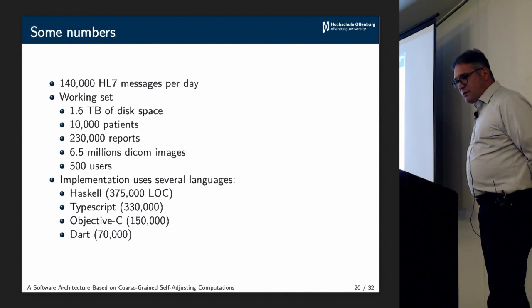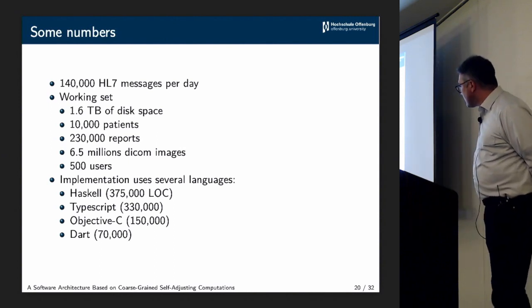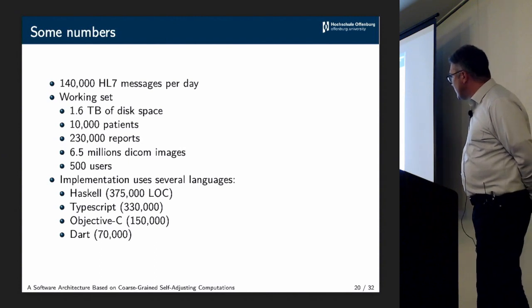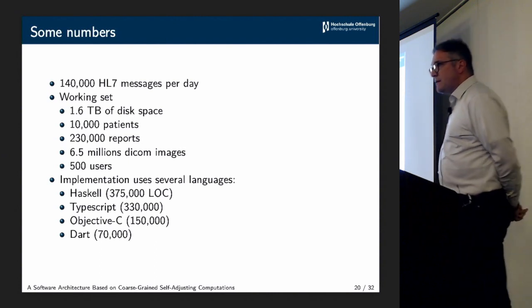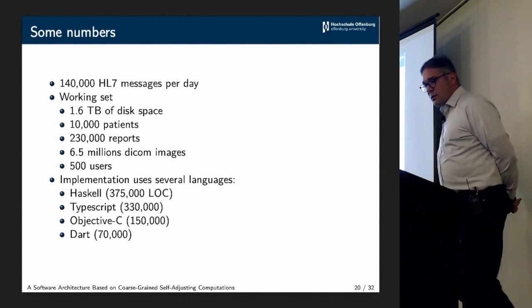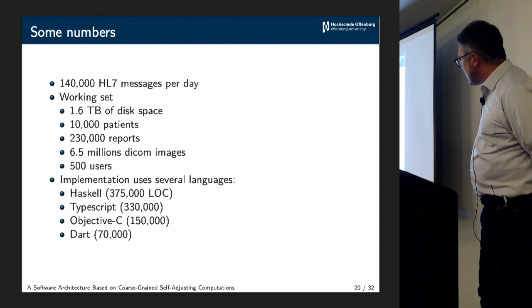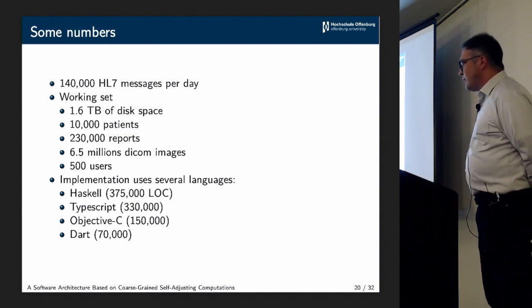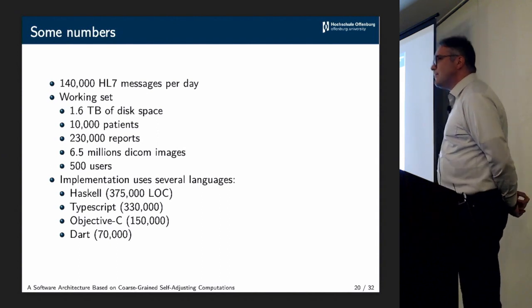Probably also interesting is that the implementation uses several languages. Clearly the backend is mainly Haskell, but we are also using quite a lot of TypeScript code for client-side scripting. Then there's Objective-C code for the deprecated iOS client, and we have Dart code for the new mobile client. 75,000 lines of Haskell. Yes.